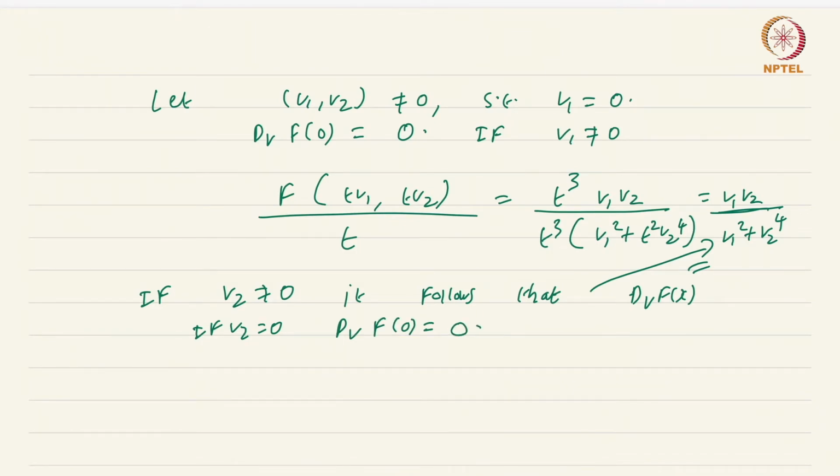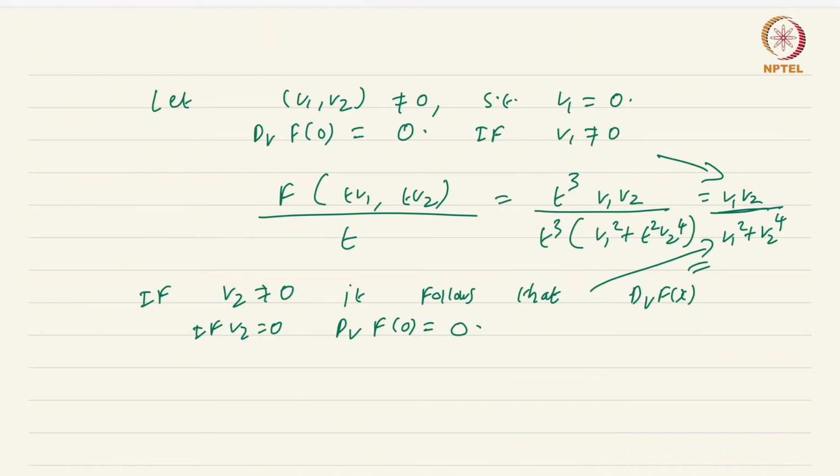So in fact, I could have avoided complicating things by first writing down this expression and saying that it is valid if at least one of v1 or v2 is not 0. The net upshot, irrespective of my clumsiness, is that the directional derivatives at the origin exist. But f is not even continuous at 0.